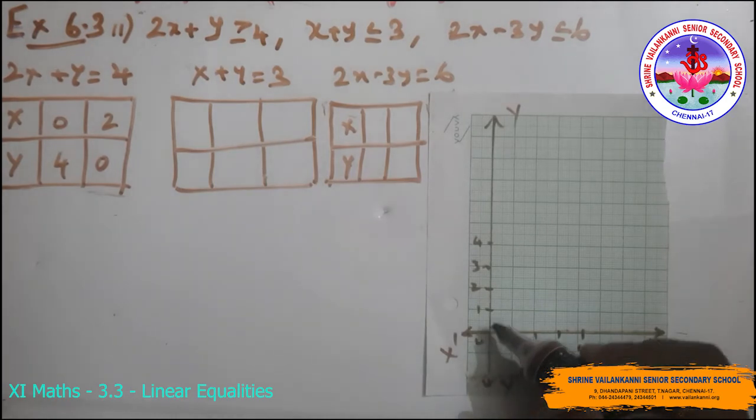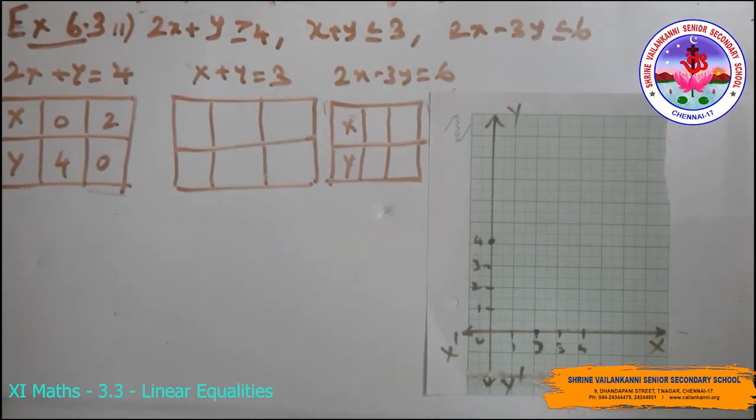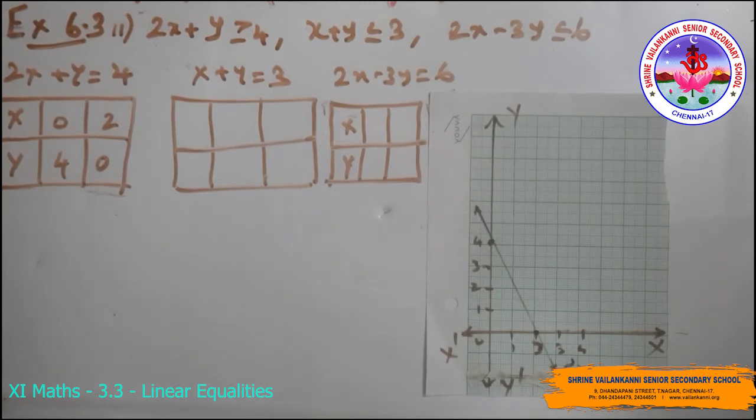When x is 0, y is 4, and when x is 2, y is 0. So we have to join these 2 points. So this line is 2x plus y equal to 4.